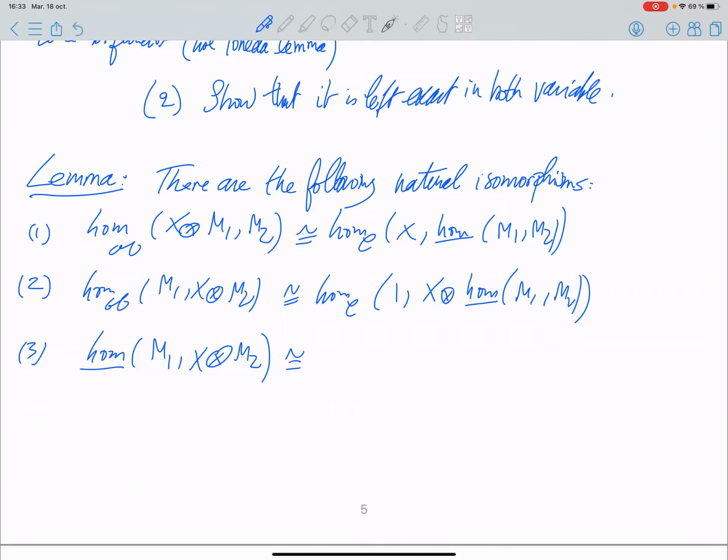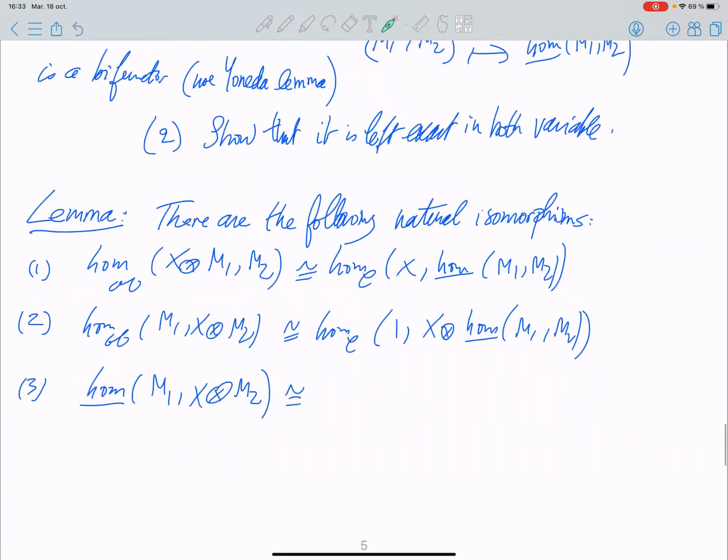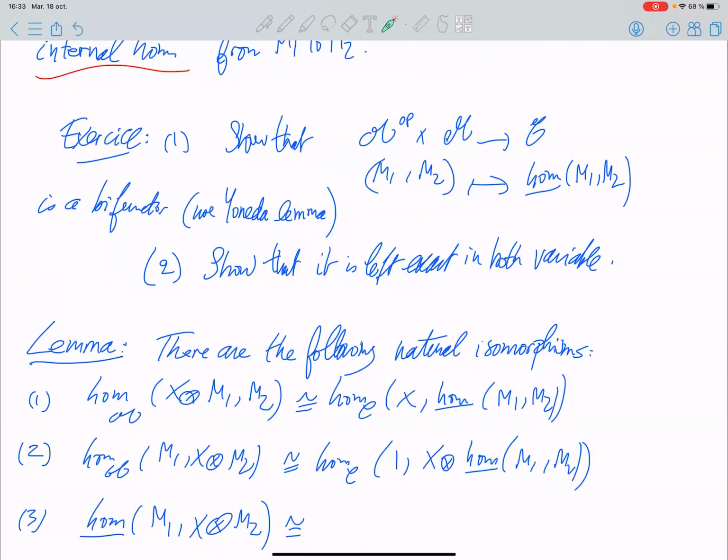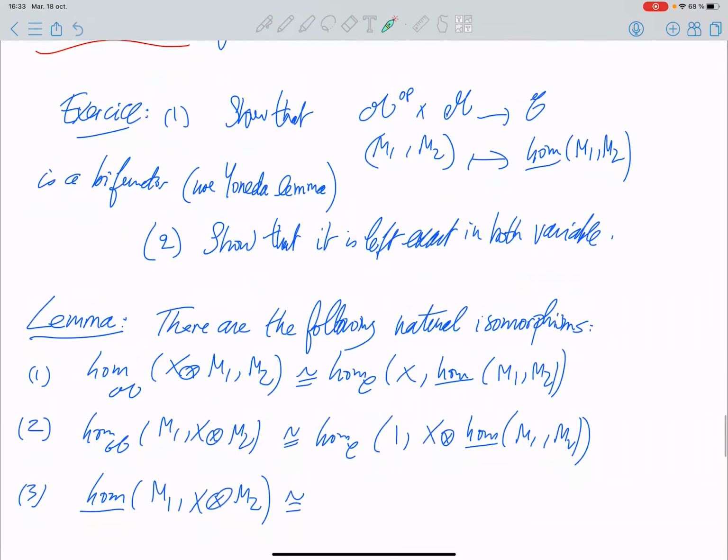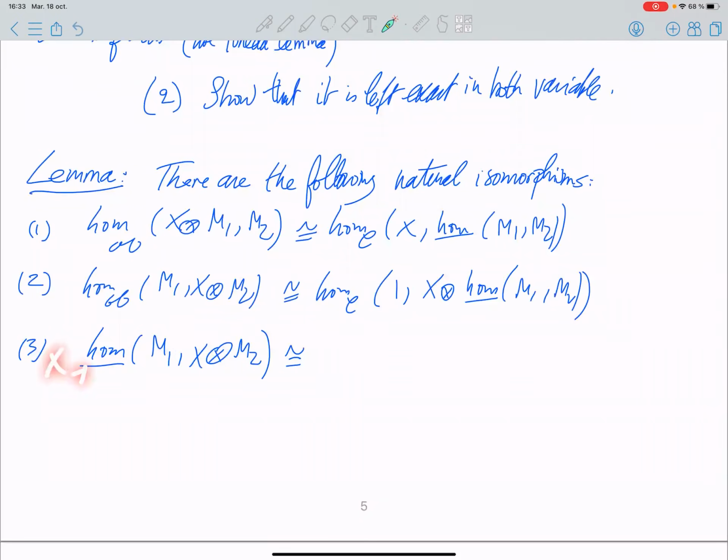Natural isomorphism. So here, when you write natural isomorphism, this really means natural isomorphism. It's a natural transformation, which is an isomorphism, between two functors. Here, we don't consider this as an object, but the functor with X mapped to that.